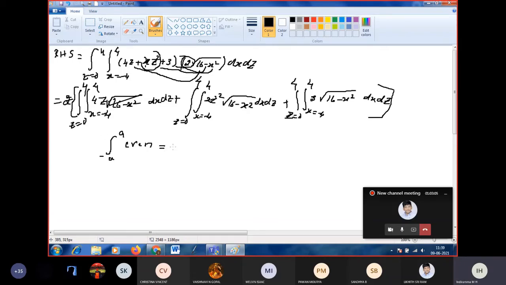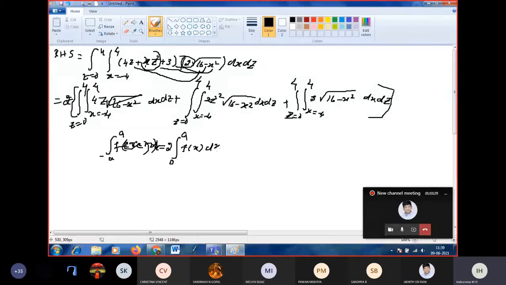Did you study this property of integration? If f of x is even, the integral from minus a to a of f of x dx is 2 times the integral from 0 to a of f of x dx, correct?